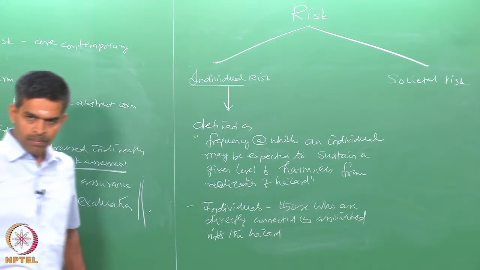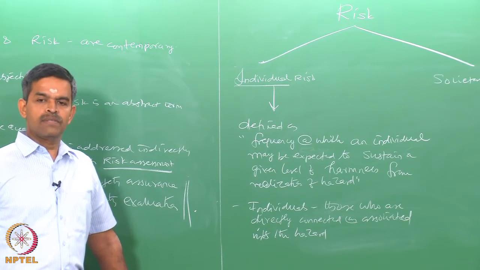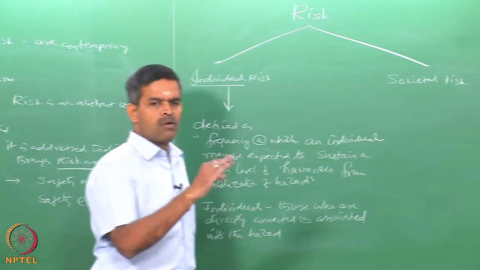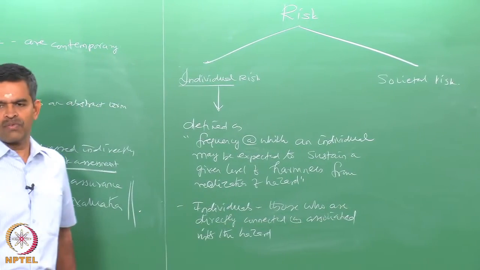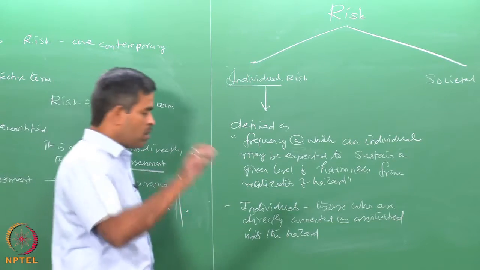For example, people working on board, drilling engineers, mechanical engineers, turbo generator operators, etc., who are working on board in a drilling platform, who are working on a processing platform, who are directly connected in the process and production, we call them individuals.